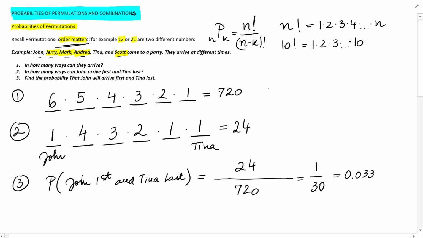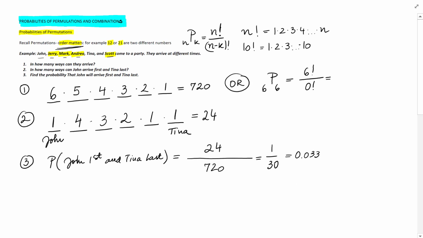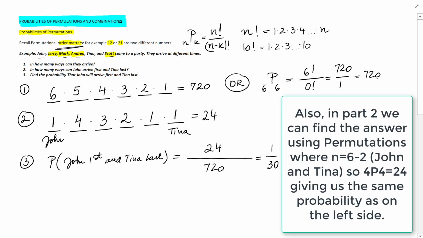So we could have solved the question of how many ways they can arrive by saying permutation of 6 taken 6 times, just because we have 6 people who can come to this party. So it's permutation of 6 taken 6 times, which is 6 factorial over 0 factorial. You probably saw in the literature that 0 factorial is defined to be 1, so we get 720.